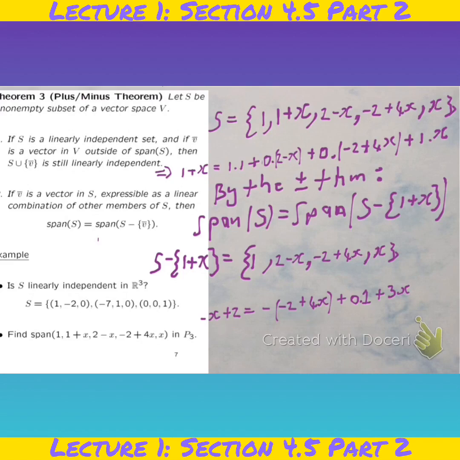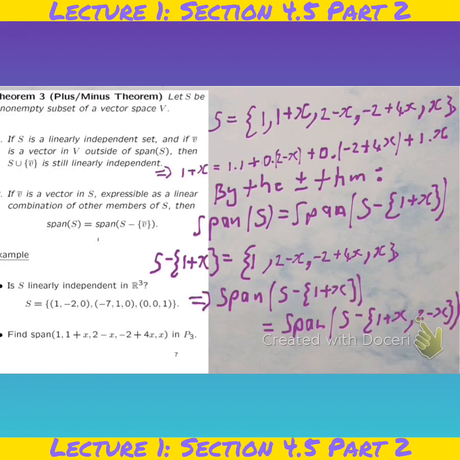By the plus-minus theorem I can go and remove that vector to form a new set. Therefore, the span of S minus 1 plus x is the same as the span of S minus 1 plus x, 2 minus x. Is that it now?